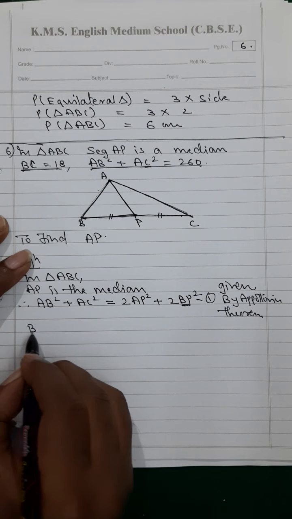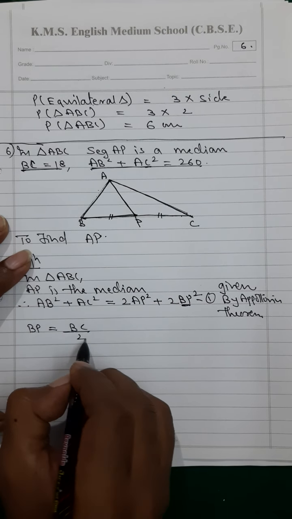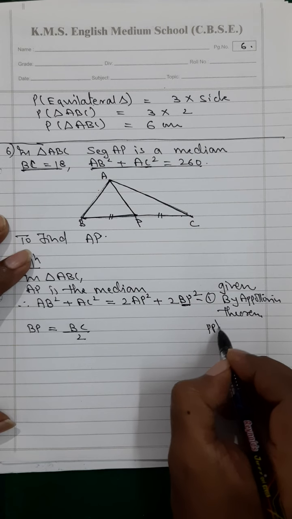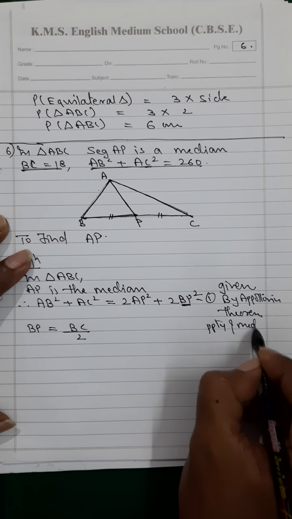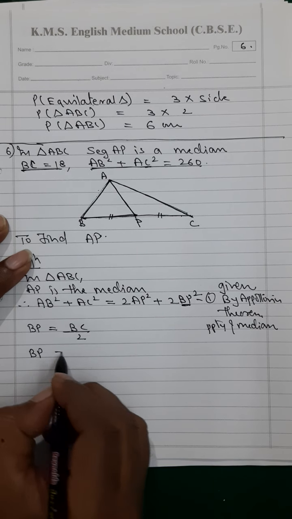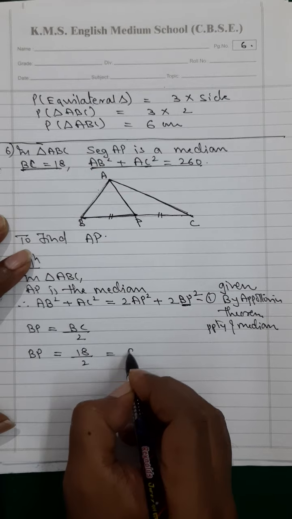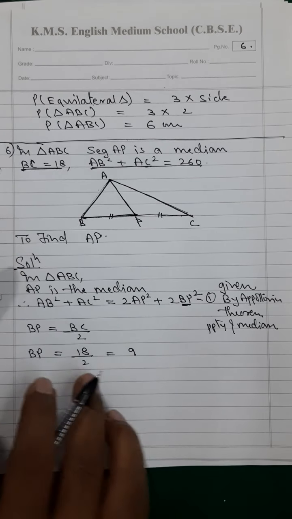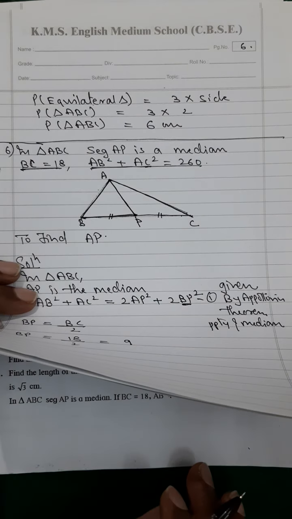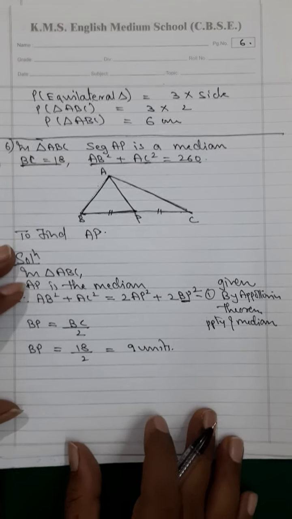So BP is going to be equal to half of BC, because of the property of median. BC is given as 18, upon 2, that will be 9 units. This is BP.